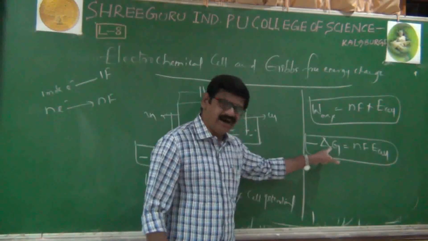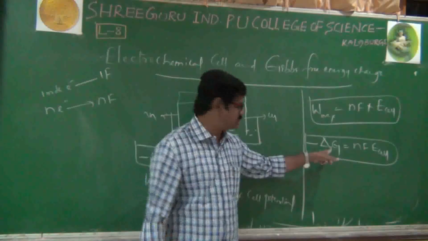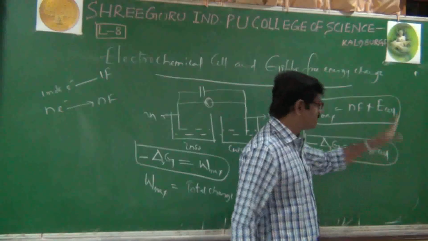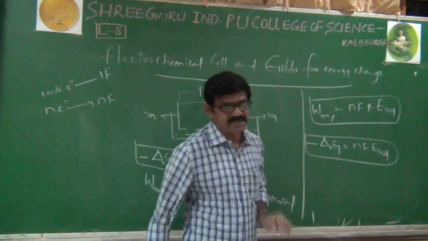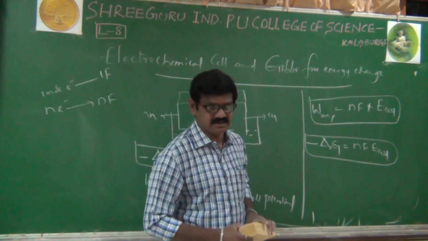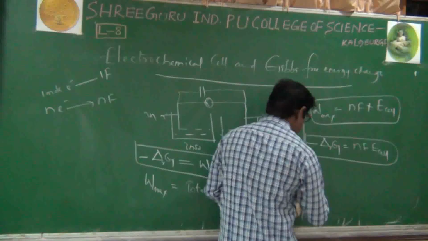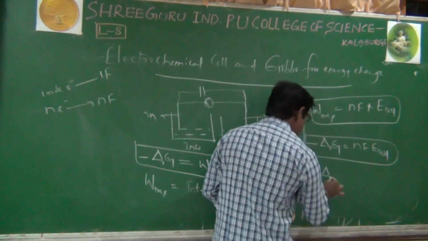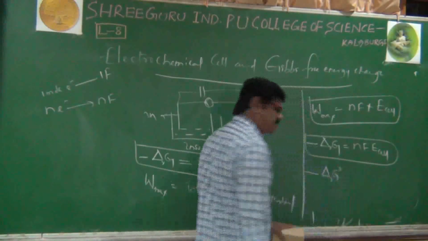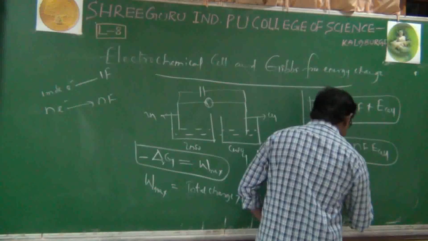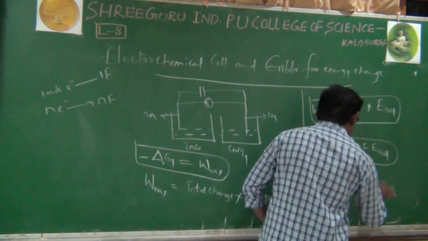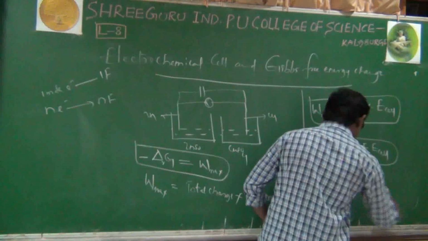Here r is nothing but reversible process. So minus delta G equals nF E cell. Suppose you maintain standard conditions, very simple, then this formula will be written like this: minus delta rG naught is equal to nF E naught cell.